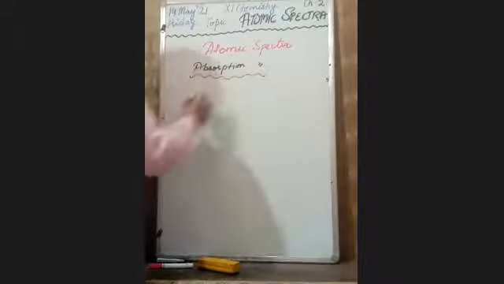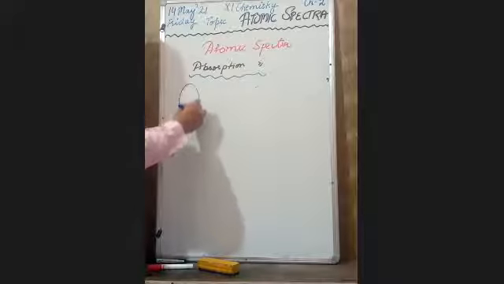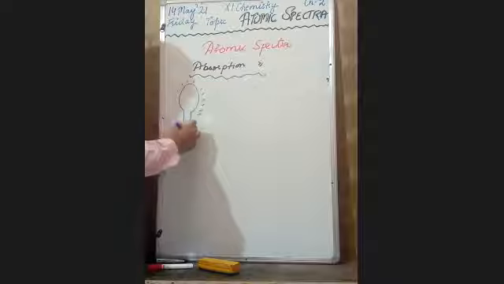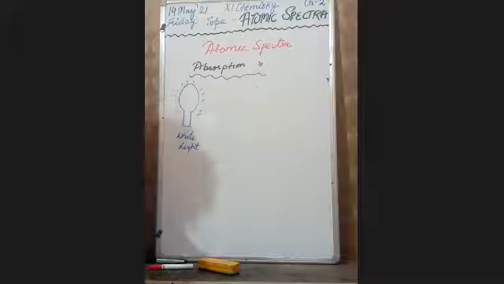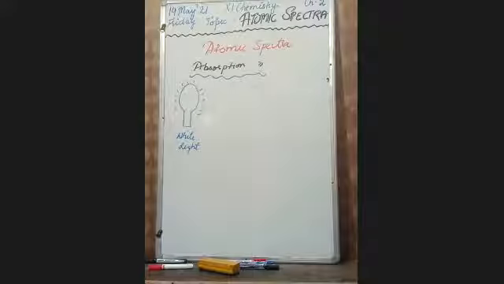Absorption spectra. Dear students, when we pass white light through any matter, matter meaning either atoms, ions, or molecules, how will a spectrum form when white light interacts with matter?